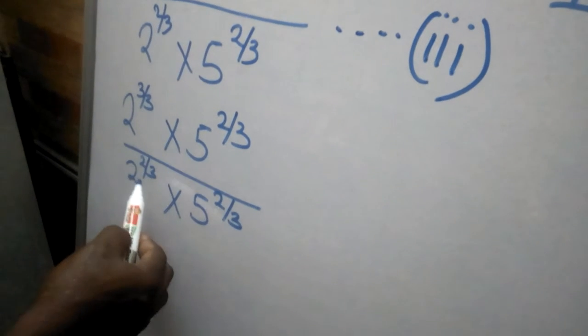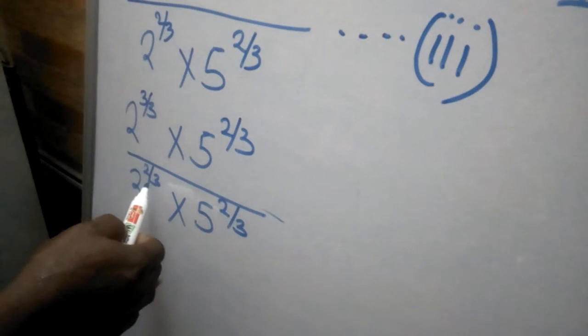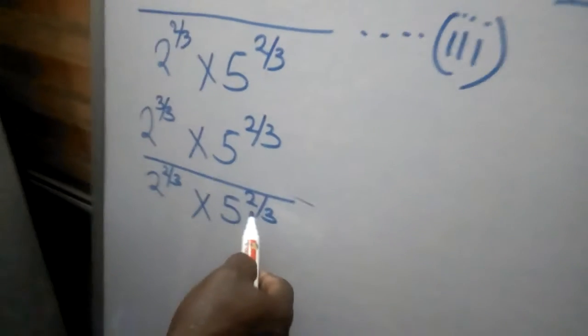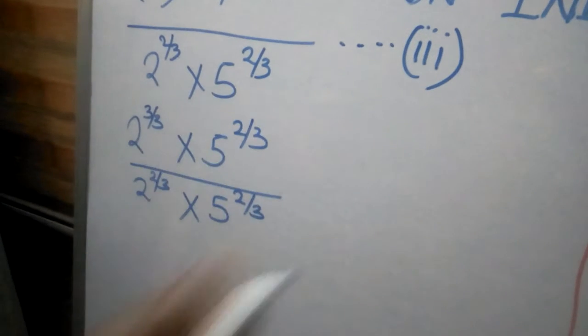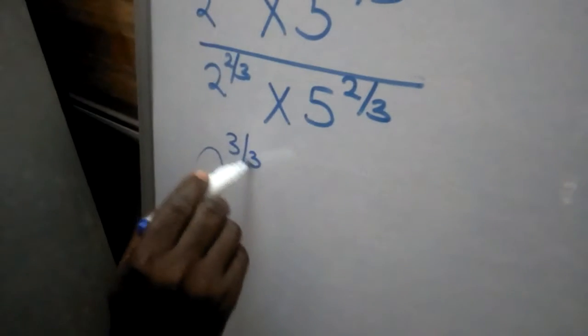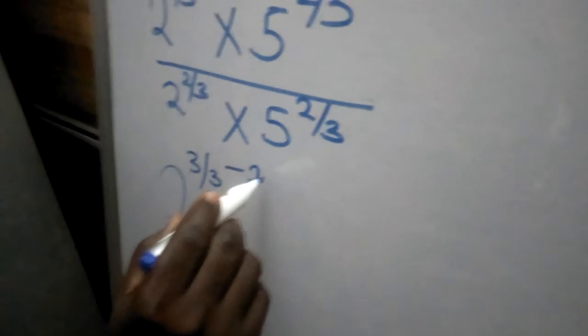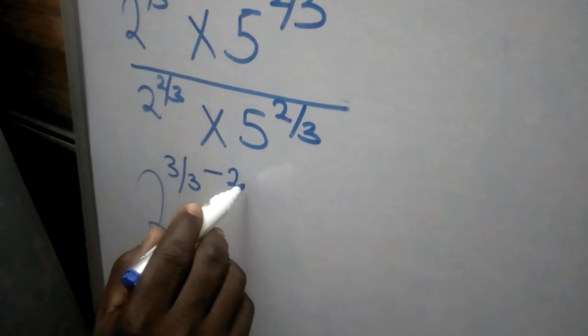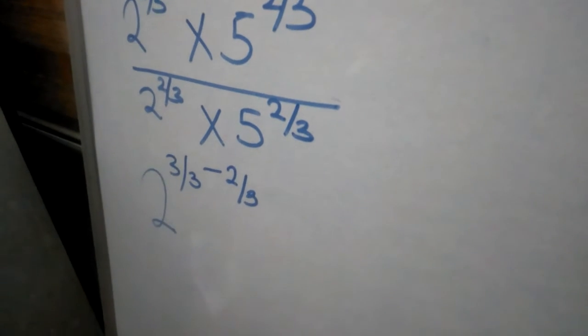Now what we would do is, because there is a sign of division here, we have to move their index up. This index up, that's their power up. If you move the power up, it will become subtraction, such that you will now have 2 to the power of 3 over 3 minus 2 to the power of what? 3.